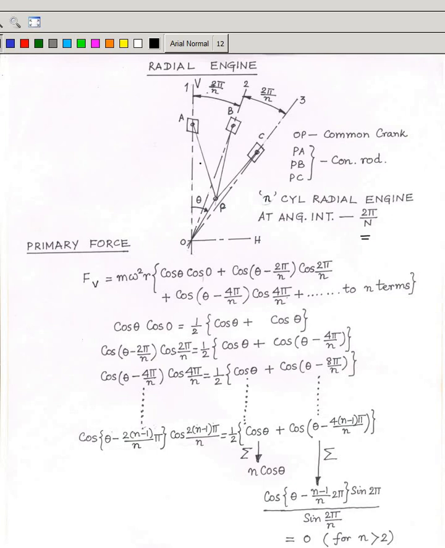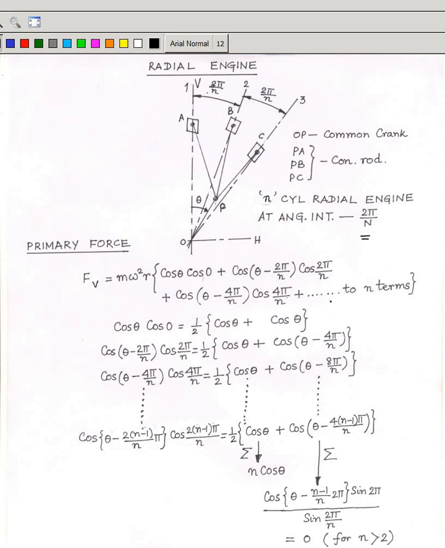Now if you take the component in the vertical direction, you have to multiply it with cos 2π/n. Then for the next one, it is cos(θ − 4π/n), and the component along this is cos 4π/n.